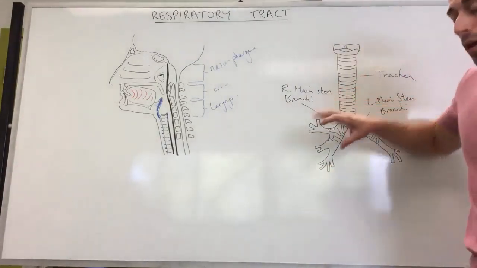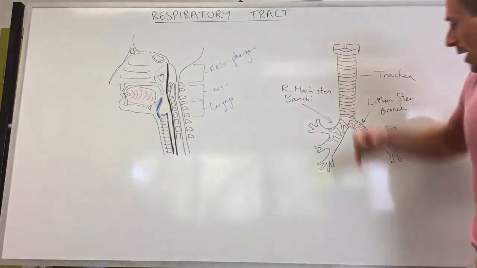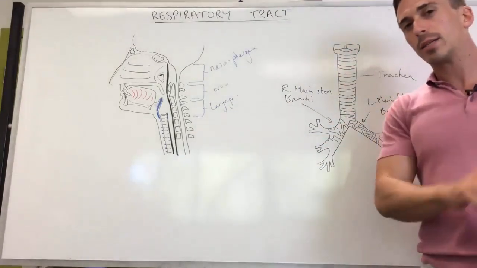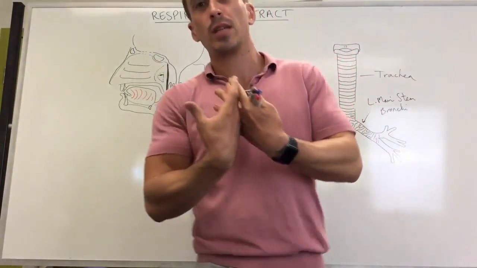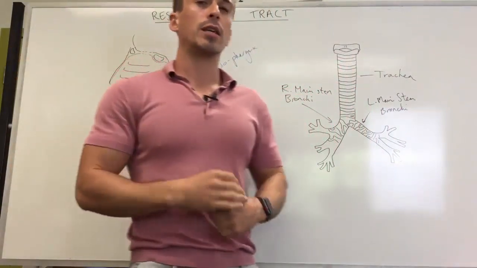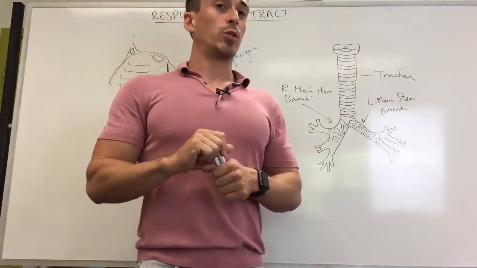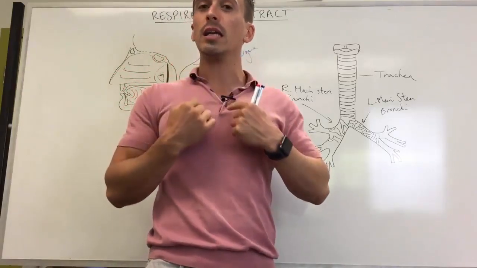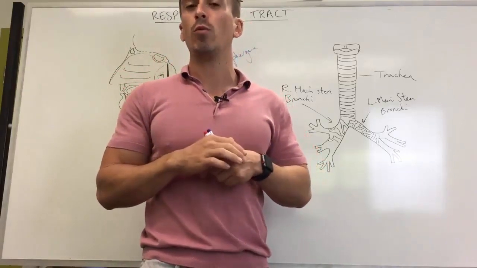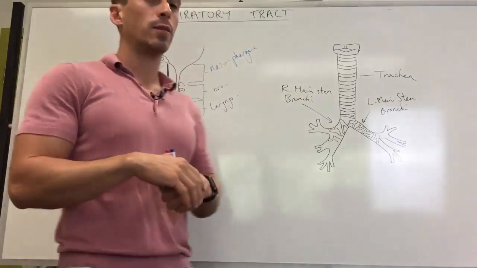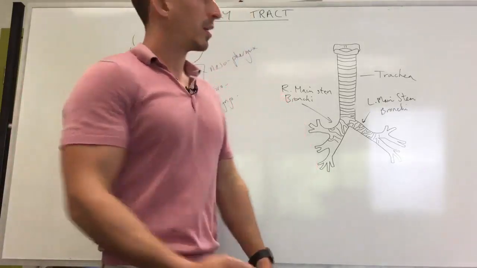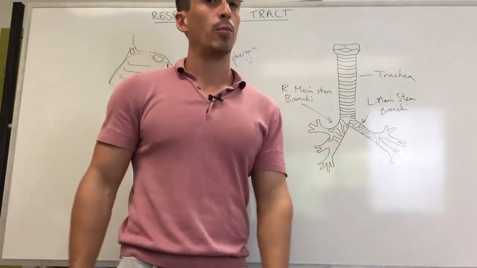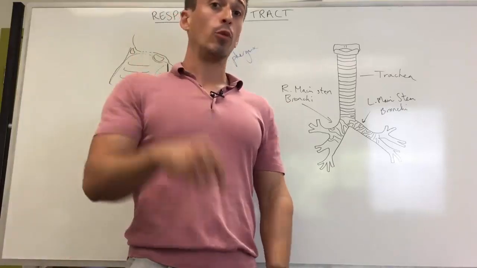One, it's wider in diameter, and two, it's more vertical. Why is this important? Well, sometimes children or even adults can inhale objects which they potentially shouldn't, maybe like a peanut, and it may get caught down in their respiratory system somewhere. Where do you think is the most likely place for this peanut to be lodged? It's going to be the right main stem bronchi because it's wider and more vertical.